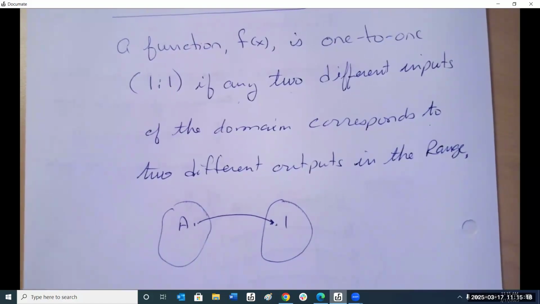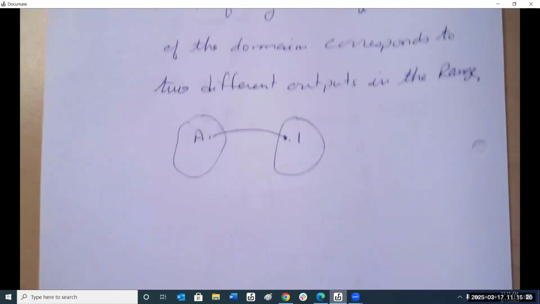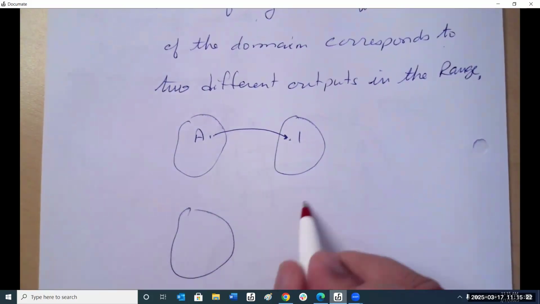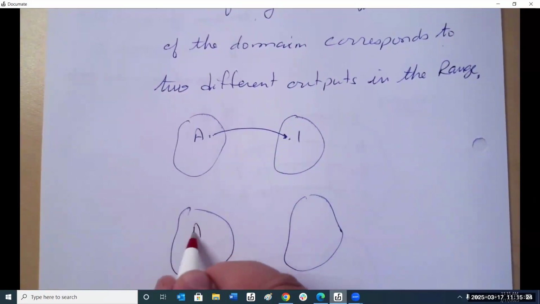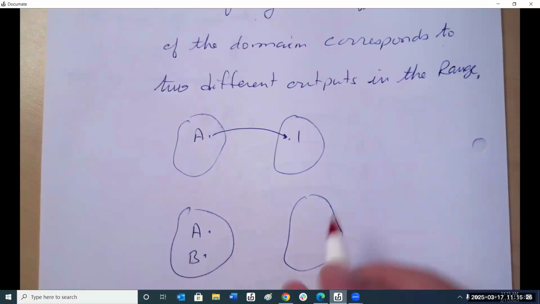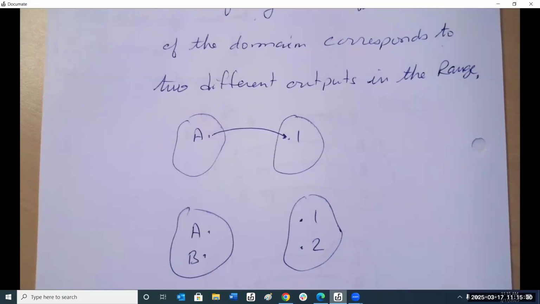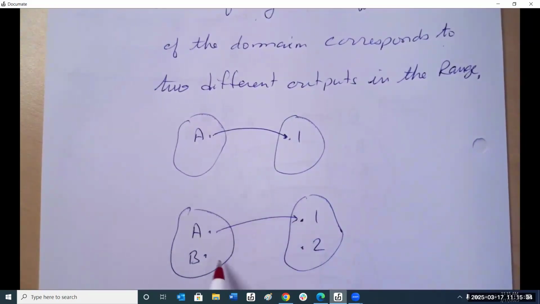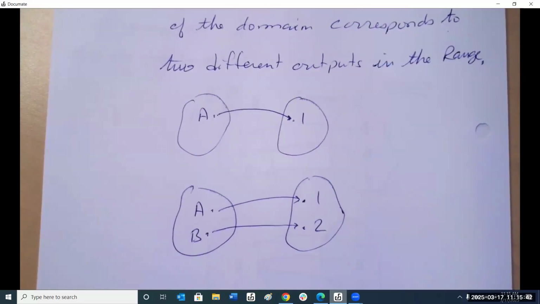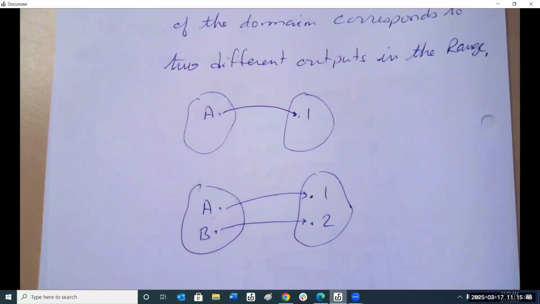Is that anything but one-to-one? The problem occurs when you have more than one input to more than one output. That's an example of a one-to-one correspondence because they automatically go to different outputs.